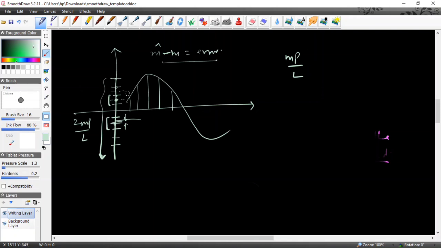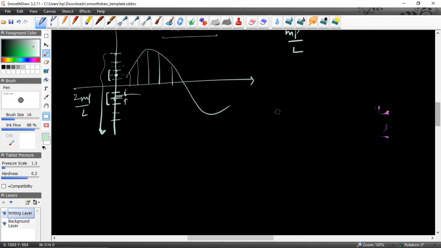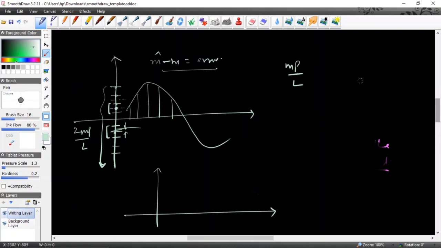And if you see the PDF of this noise or this error, it tends to be a uniform PDF. Because the sample value can lie anywhere in the quantizing interval, the error signal, which I am now calling a random variable, is the difference between the actual value and the quantized value.